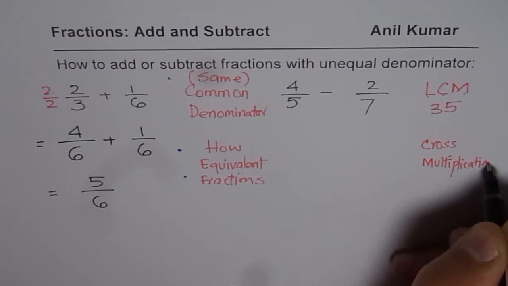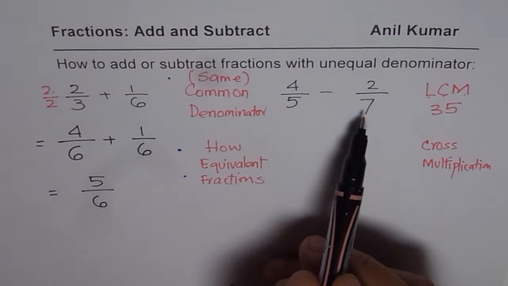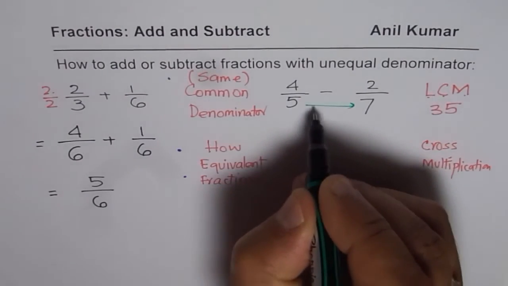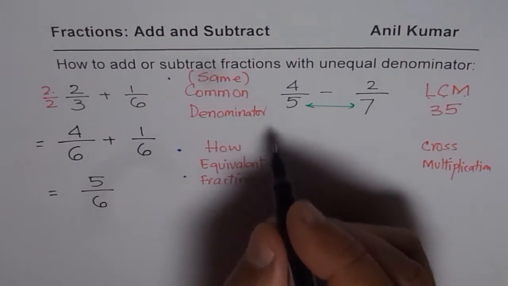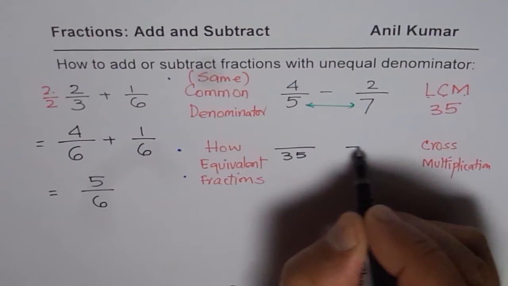At times when the numbers are prime numbers, then you don't have to think much. You can just cross multiply. Cross multiplication means if I multiply 5 with 7, I get their common denominator, which is 35. So I can write both with the denominator of 35. Do you get the idea?